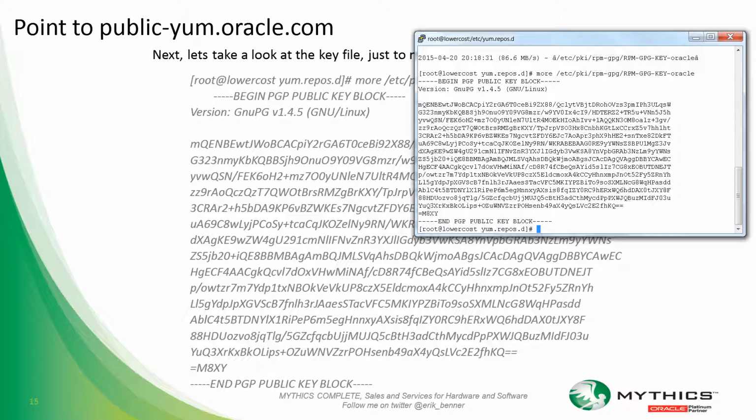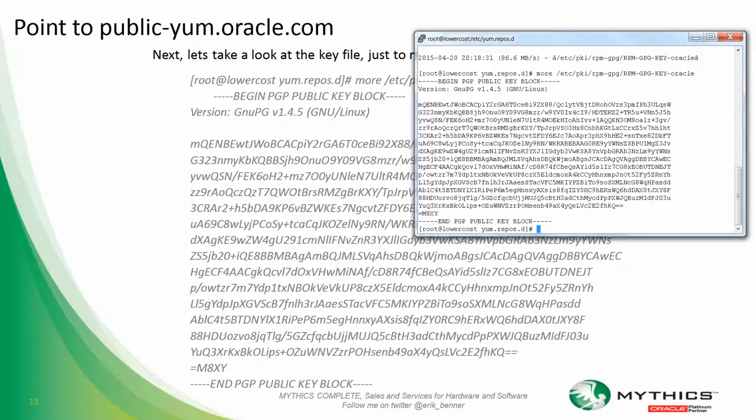So just to make sure everything's okay, I'm going to more the file and make sure that key block is there. I would expect that key block to be there, but I like to be sure. If it's not there, this is a good time to look at how you connect to the internet. Make sure that you can connect to the internet, and make sure your firewall allows you to download straight to servers.